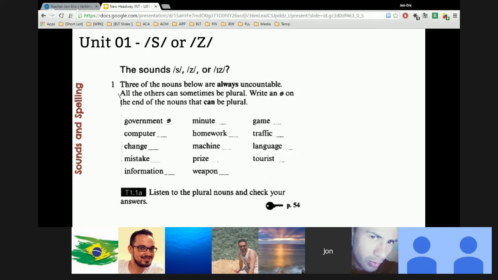Because listen to the difference. If I said it with an S, it would be changes. If I say it naturally, changes. Like zoo. Changes. Can you hear the difference? Changes? Incorrect. Changes. Correct. Can you hear the difference, Giancarlo?